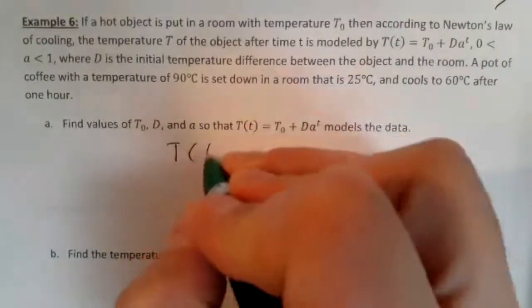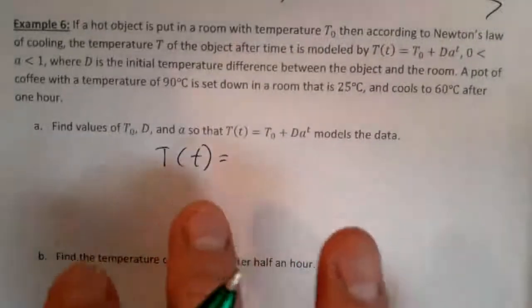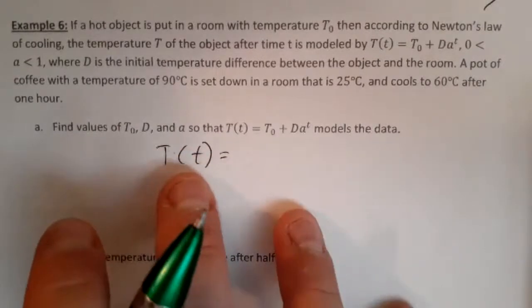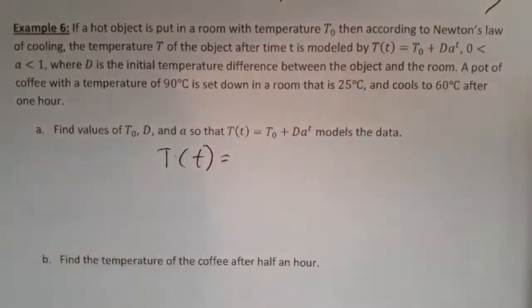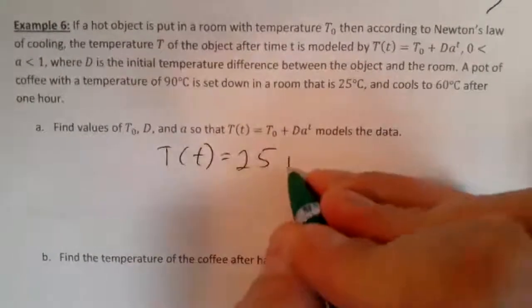I admit it is a lot of information to take in upon first reading. So T of t, they say T naught is the temperature of the room. It is set down in a room that is 25 degrees Celsius, so T naught should be the 25.